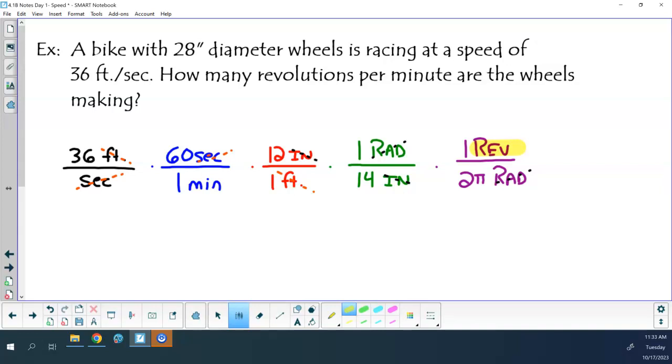My only label left on the bottom is minutes. That's what I want it to be in: revolutions per minute. Okay? So on top, I've got 36 times 60 times 12. On the bottom, I've got 14 times 2 pi.